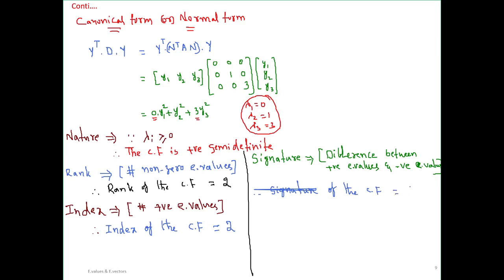So the signature of the canonical form is the difference between positive and negative eigenvalues. How many positive eigenvalues are there? 2, which are lambda 2 and lambda 3, both positive, and negative eigenvalues are 0. There are no negative eigenvalues. Therefore 2 minus 0 is 2.